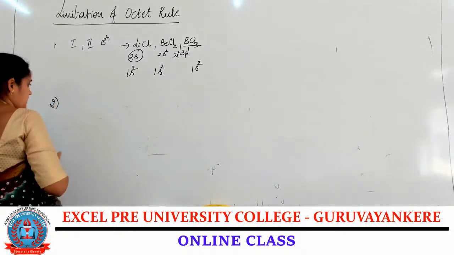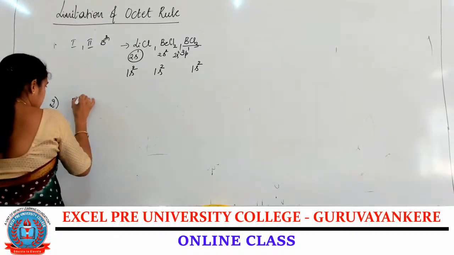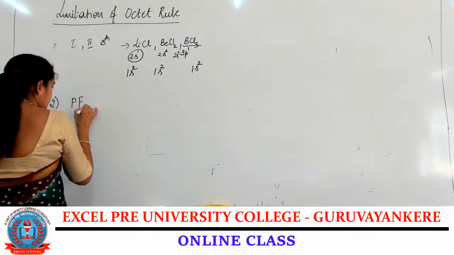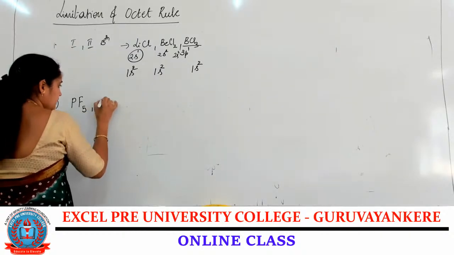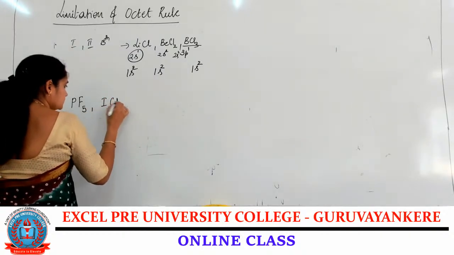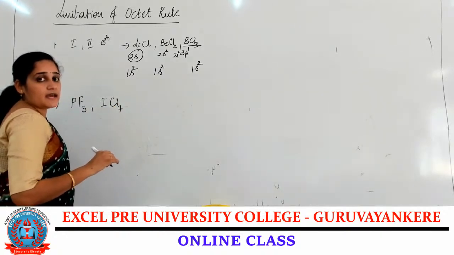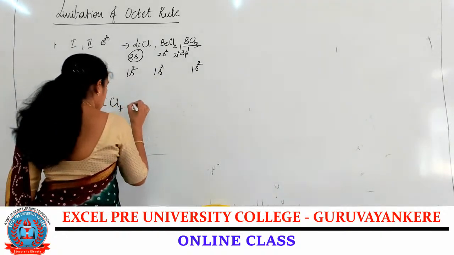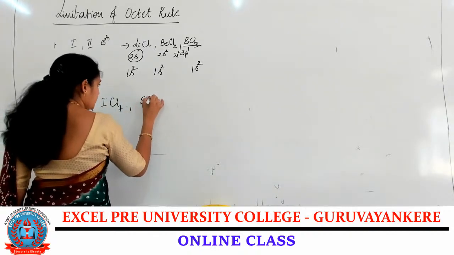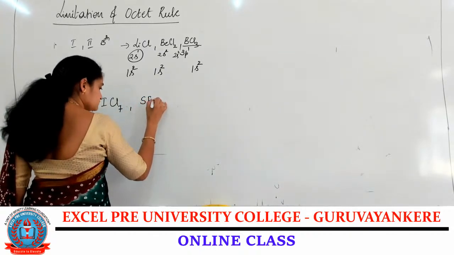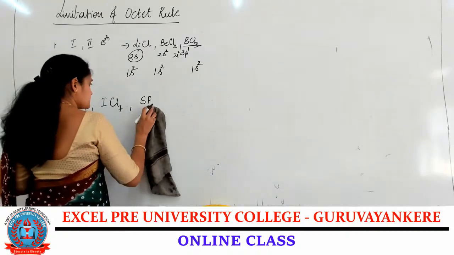The second limitation says that in some molecules like phosphorus pentafluoride, iodine hexafluoride, as well as SF6, let me take only 2 examples, is also sufficient.